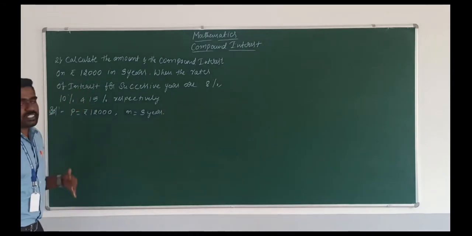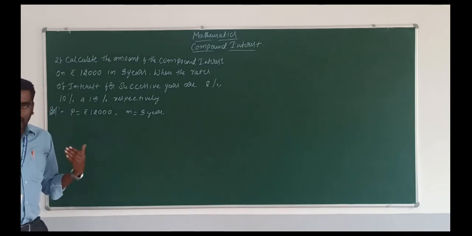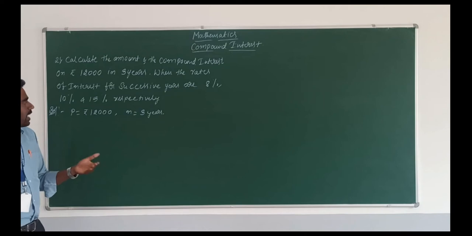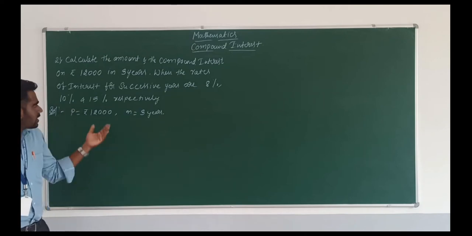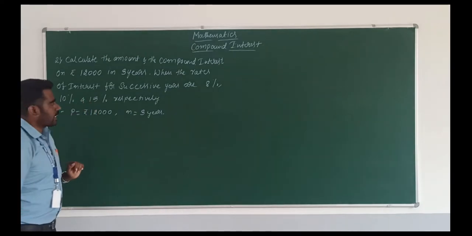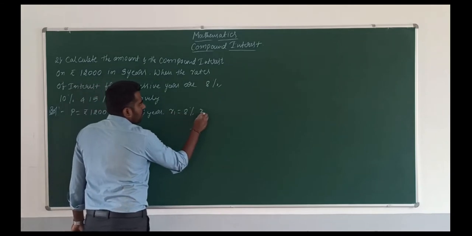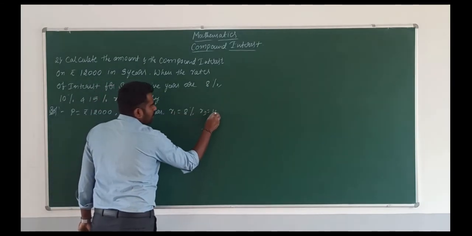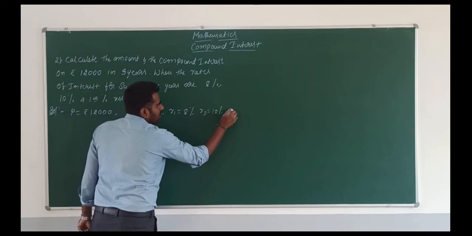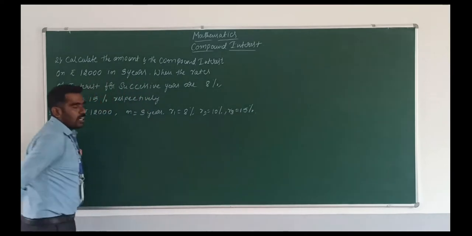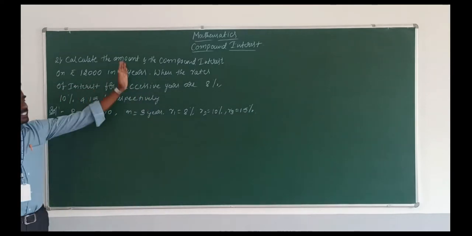They have given different rates of interest. That means we have to take the first year rate of interest as R1, the second year rate of interest as R2, and as usual the third year rate of interest as R3. So R1 is equal to 8%, R2 is equal to 10% and R3 is equal to 15%. Now first we have to find the amount.